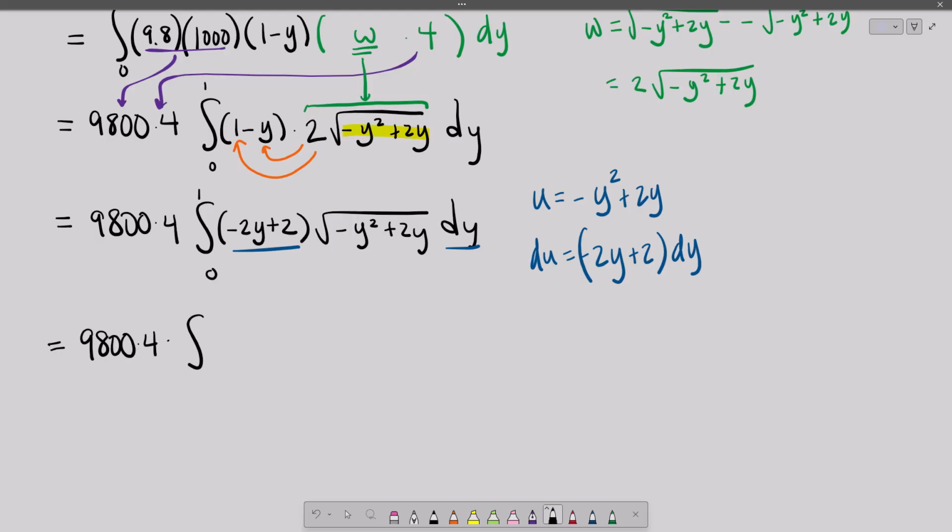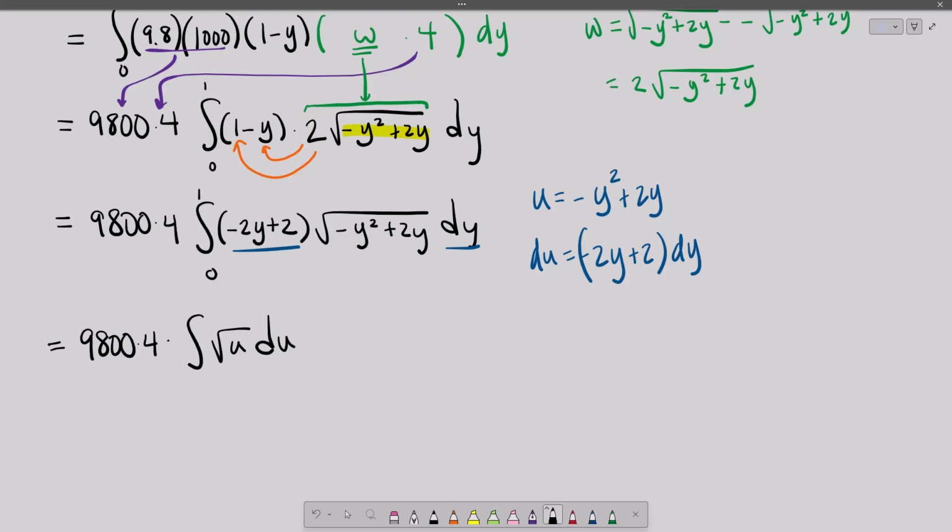So we have the integral. We no longer have y limits of integration because we're switching to u. So we're going to have the square root of u, and then all of that is du. If we switch to u limits, we'll plug those y limits in up here and get the u limits.